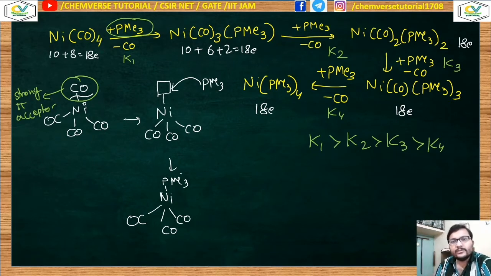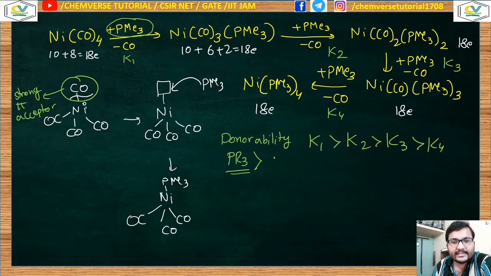I have already given you the list of the phosphine ligands in my previous class, and there I said that PR3 has much more donor ability. So over here I can say the donor ability of PR3 is greater than carbonyl.